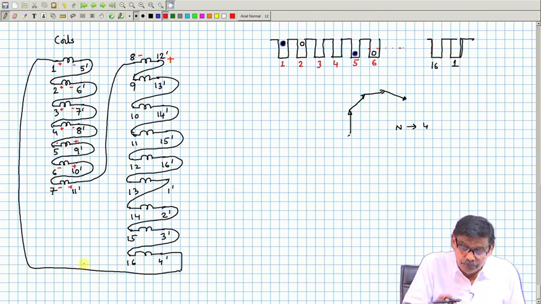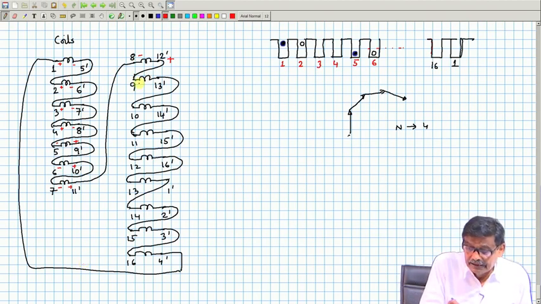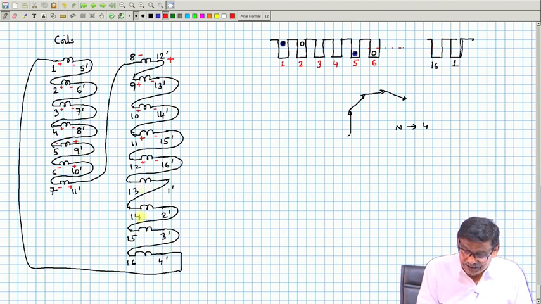And then the next 4 will be under the influence of the north pole, and this will be plus, minus, plus, minus, plus, minus and plus, minus. And the other 4, 13, 14, 15, 16 will be under the south pole, and this will be once again minus, plus, minus, plus, minus, plus, minus, plus.